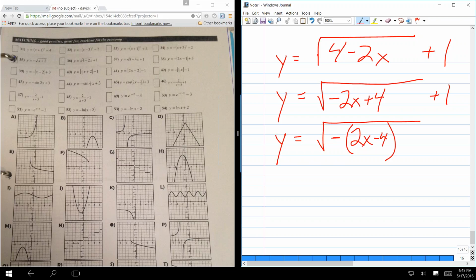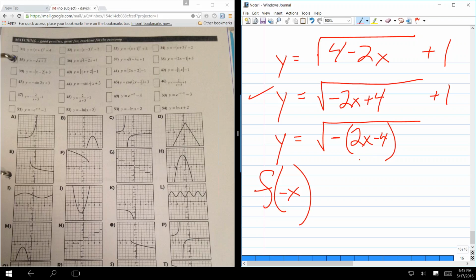For it to be a flip over the y-axis, it has to be f of minus x. Well, notice that when I wrote it like that, it was not f of minus x. You need the minus sign to be in front of everything that is under that square root.